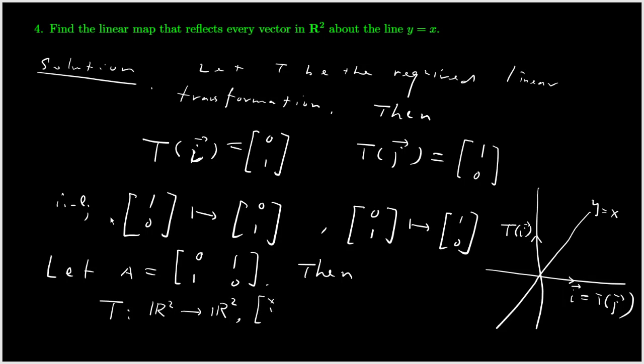Every vector in the domain has two components. (x, y) goes to (y, x). You switch the two components, right?